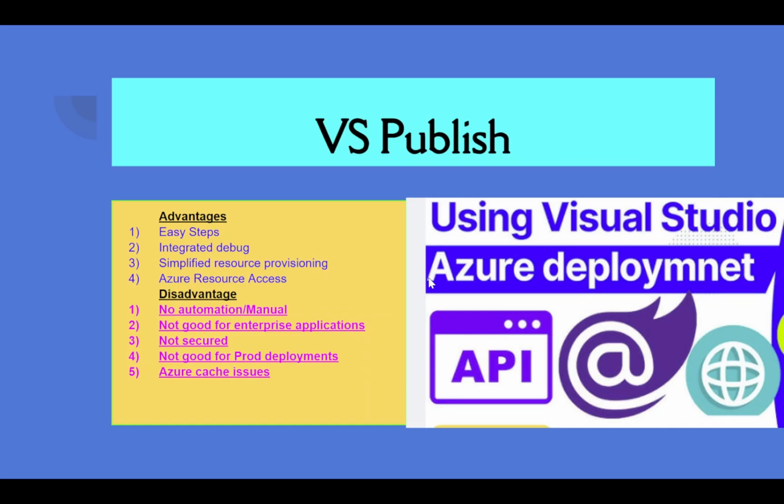Simplified resource provisioning, as I mentioned, the steps themselves guide you on what kind of resources to use. And Azure resource access. Since Visual Studio is Microsoft's suggested tool, and even my favorite tool, by using Visual Studio you can access all the Azure resources.